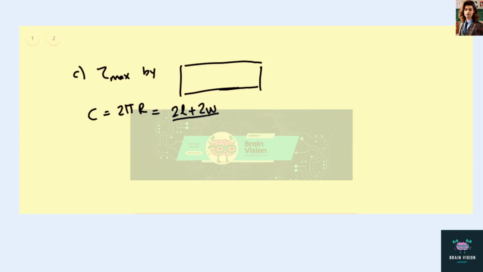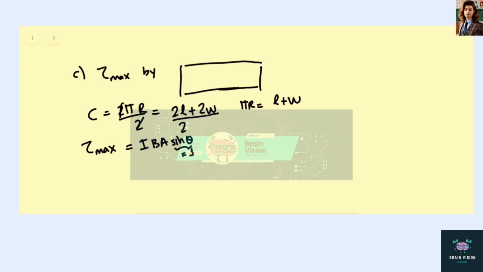So now from this equation, if we divide both sides by 2, what we have is pi r has to be equal to L plus W, the length plus width. But when we're calculating the torque equation, we need, again, I, B, A sine theta. Again, the angle is going to be 90 degrees, so this term equals 1.